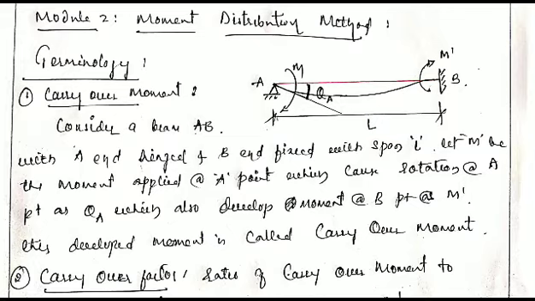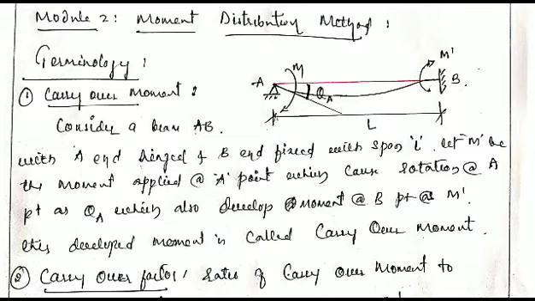Carryover means what? Suppose a moment M is applied at joint A, which allows the member to rotate. When we draw a tangential line with respect to this rotation, we get an angle theta A, developed due to the moment applied at A. In the same way, the far end B is a fixed end, so it is able to resist some of the moment coming over it.